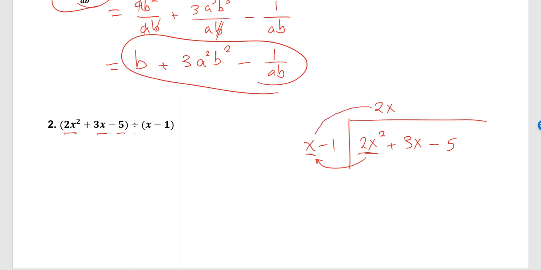And then take the 2x, multiply by these two, and then just write it here. Okay? So 2x times x is 2x squared. 2x times minus 1 is minus 2x. Okay? Put it in parentheses.